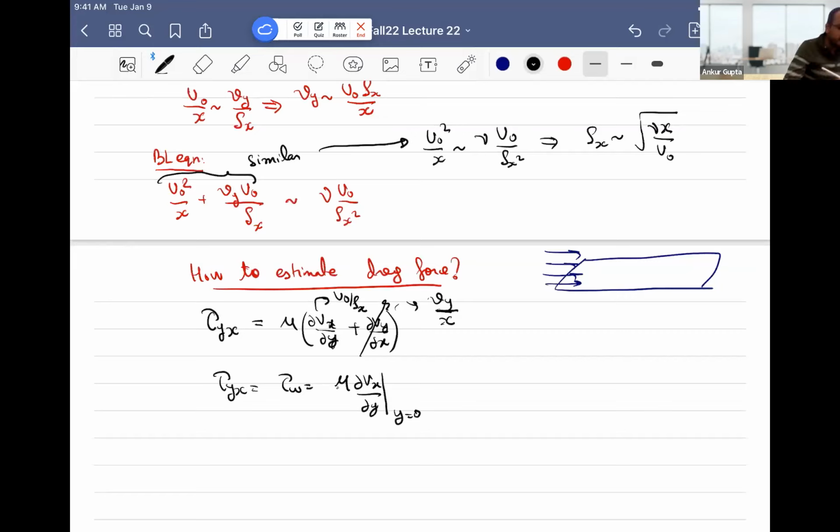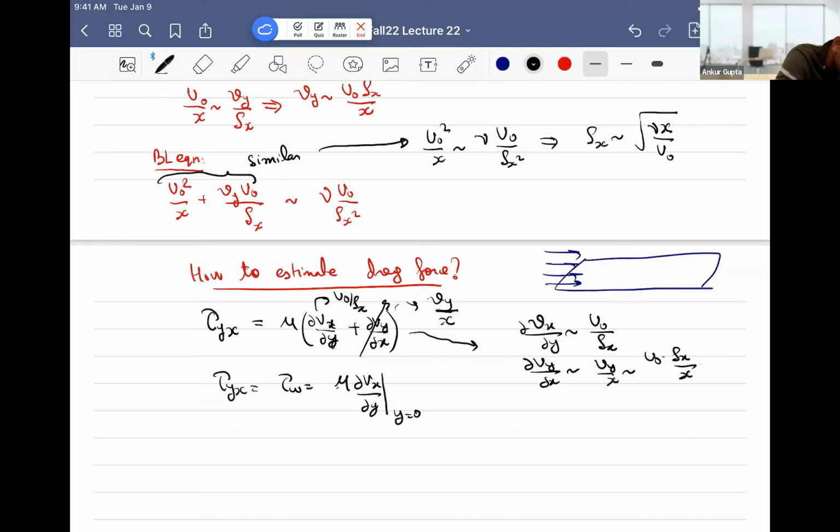Let me just clarify. What I'm saying is del v x by del y scales as u naught by delta x, whereas del v y by del x scales as v y by x, which is equal to u naught delta x by x.